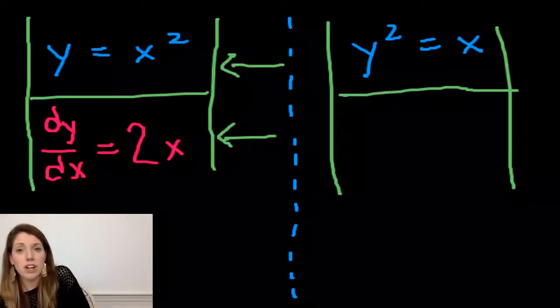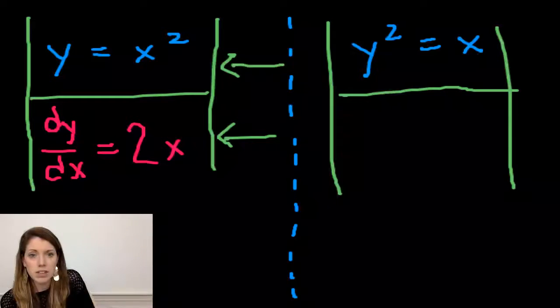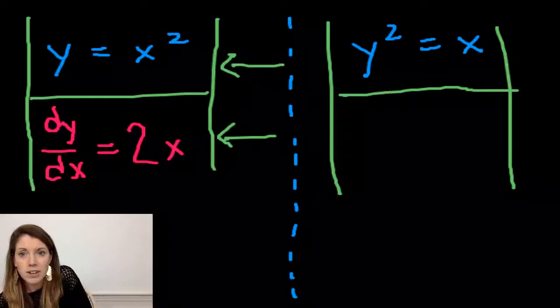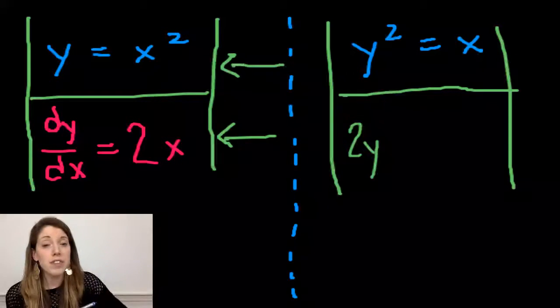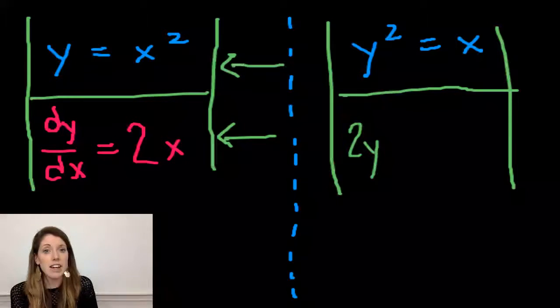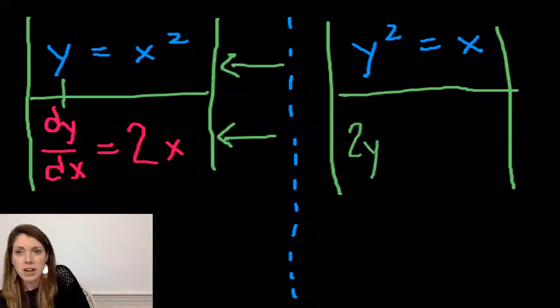The derivative of the outside function is just 2y. Sorry, I erased that and it was scary looking, so let's make that a lot smaller. The derivative of the outside function is just 2y. The derivative of the inside function is just dy dx, right? That's what we've been calling the derivative of y all this time without really realizing it.